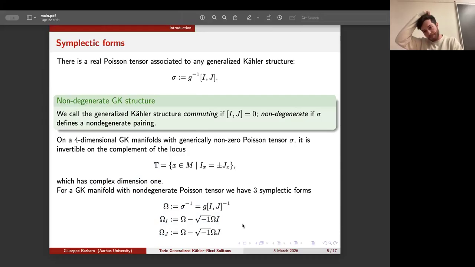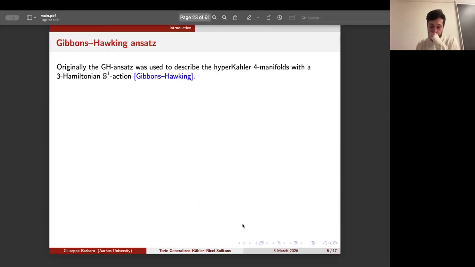Okay, so now let me talk about the Gibbons-Hawking ansatz. This was used originally by Gibbons and Hawking to describe hyperkähler four-manifolds with an S1 action, which is Hamiltonian with respect to all three symplectic structures.